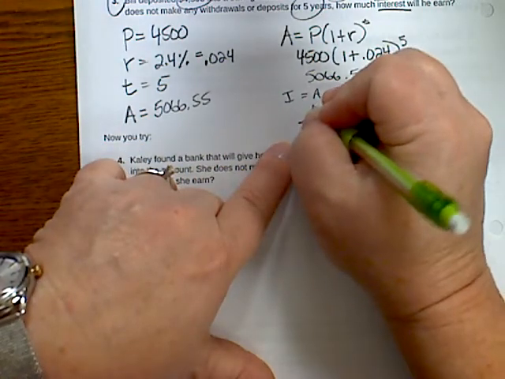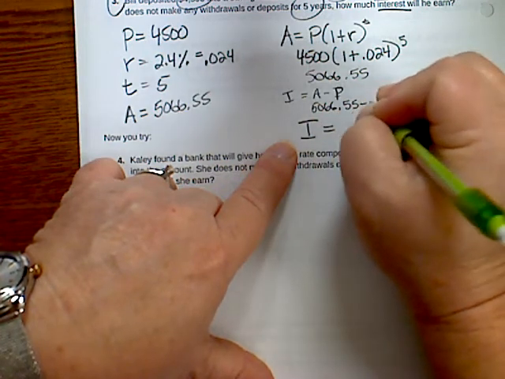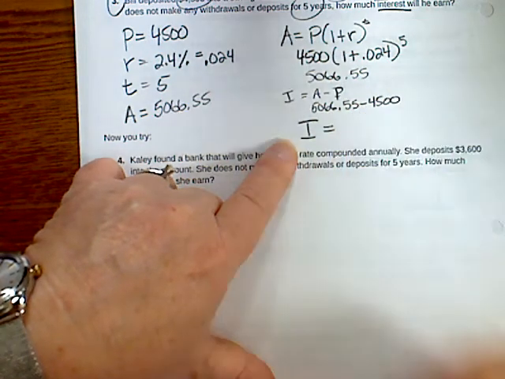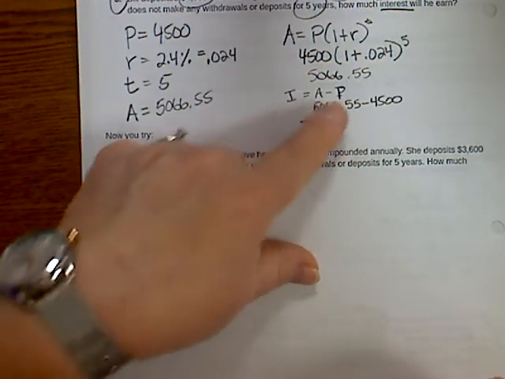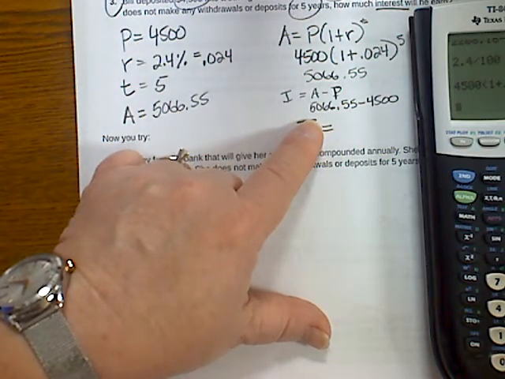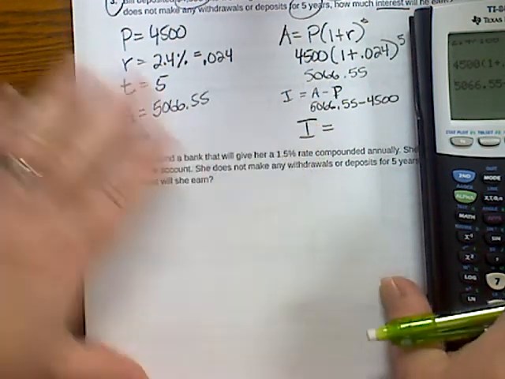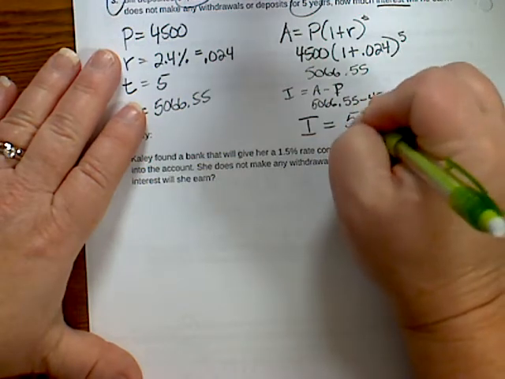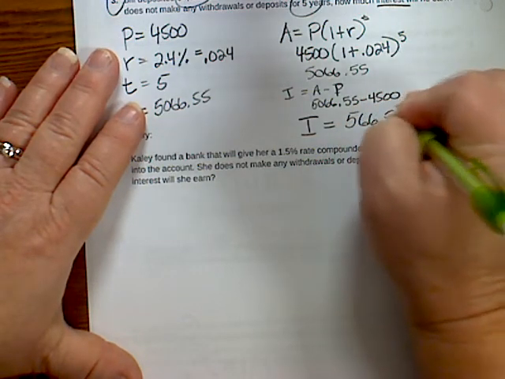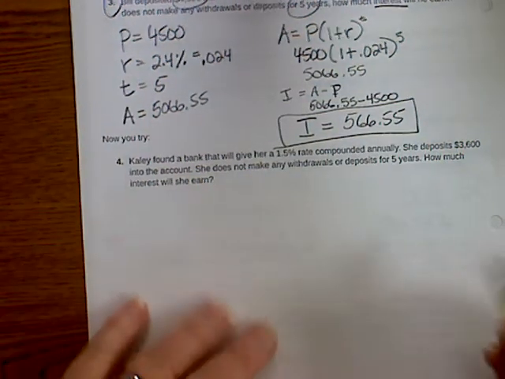So 5066.55, take away 4,500. This person didn't do too bad in 5 years. They made a little bit of money, but not enough for me anyways. All right, so we got 5066.55, subtract 4,500, and I get 566.55. I want your answers boxed or circled, okay?